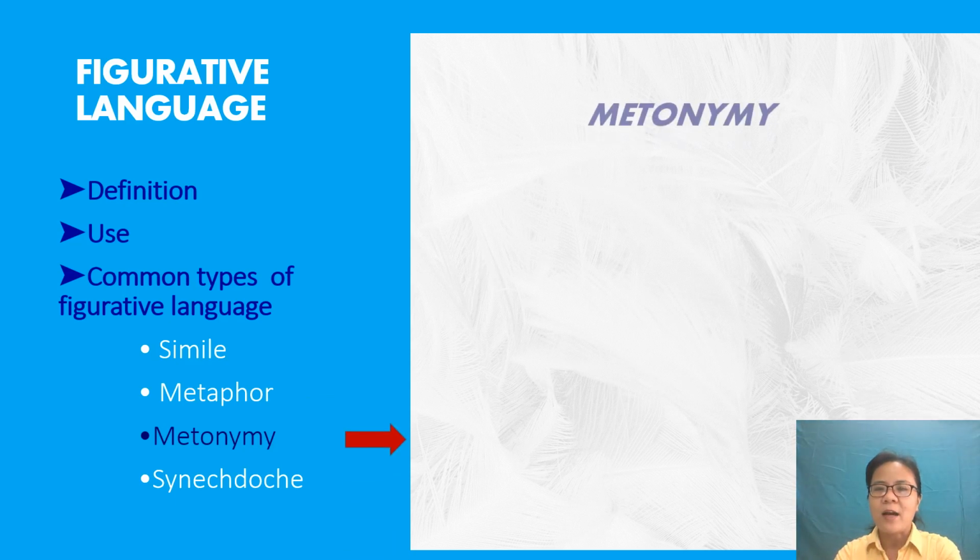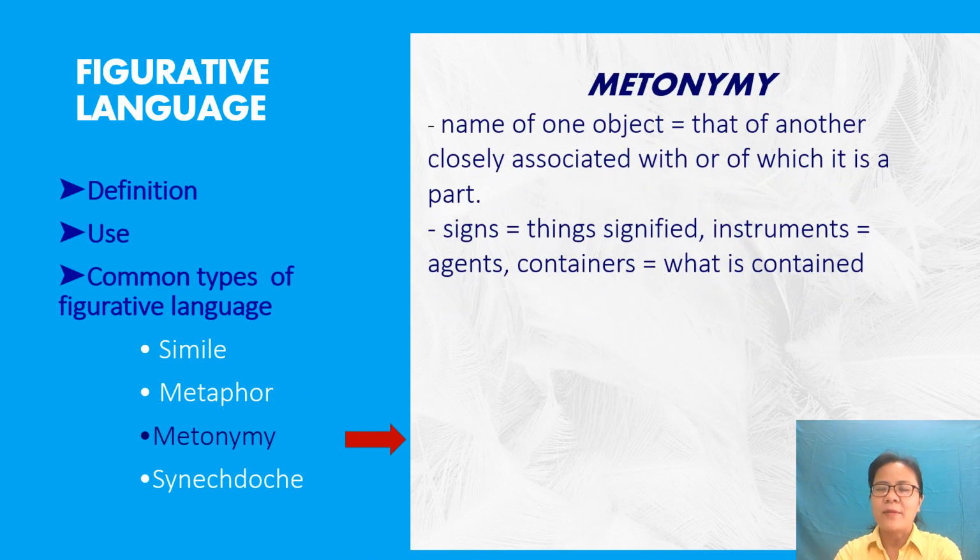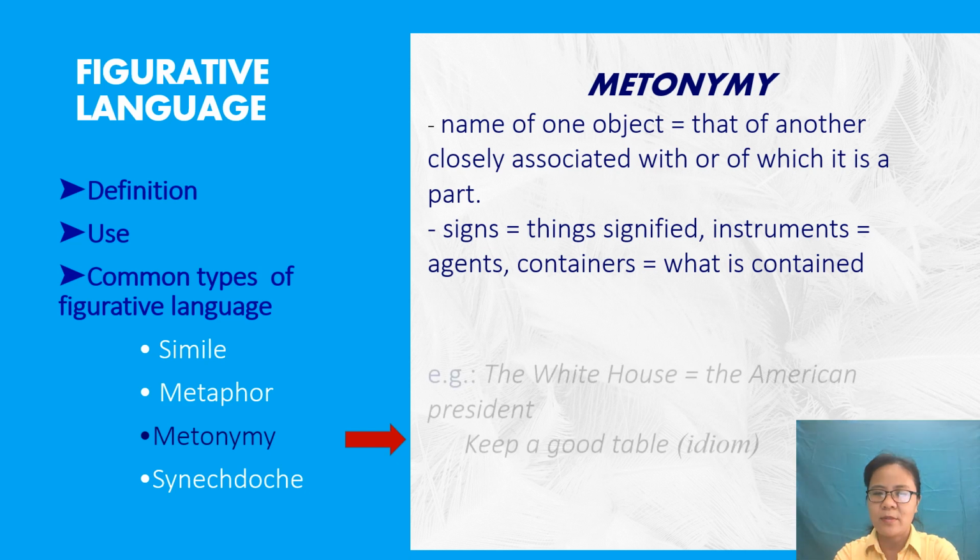How about metonymy? In a metonymy, we use the name of one object to imply another object that is associated with it, or it is just a part of that group. Or sometimes we use signs to signify things, or the instruments to refer to the performance.